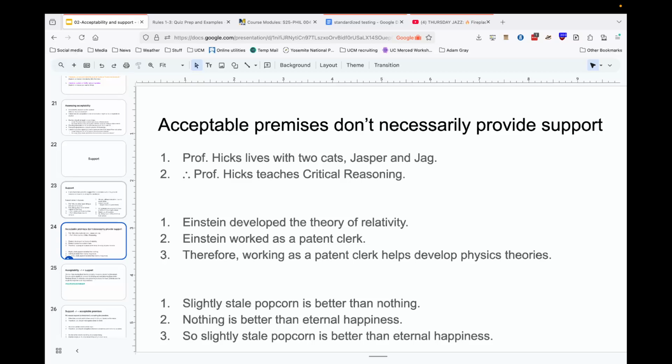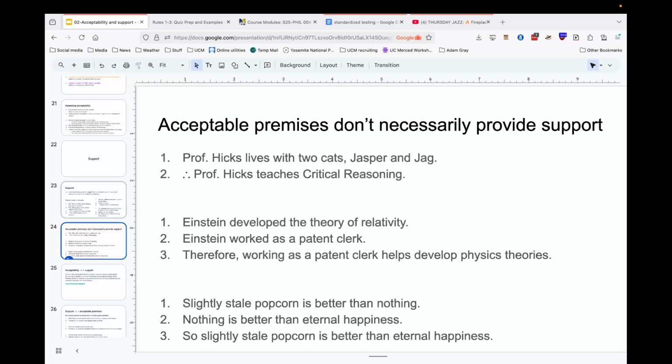But I think the basic idea is that working as a patent clerk doesn't do anything to help you develop physics theories. You need to have a background in physics. You need to be really good at math. You need to maybe have access to a lab where you're doing experimental research, or you need to have the time and the mathematical skill to do the kind of theoretical work that Einstein was doing as a patent clerk.